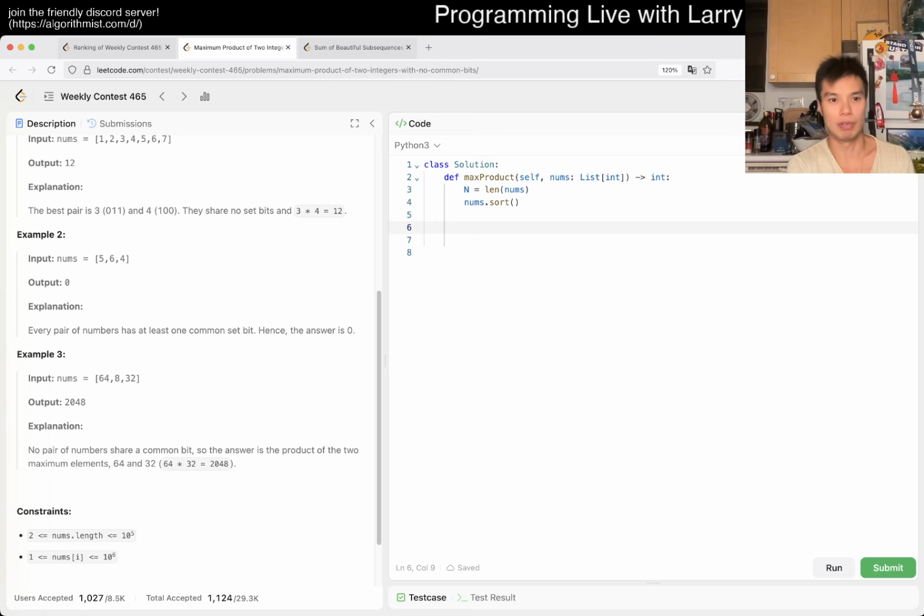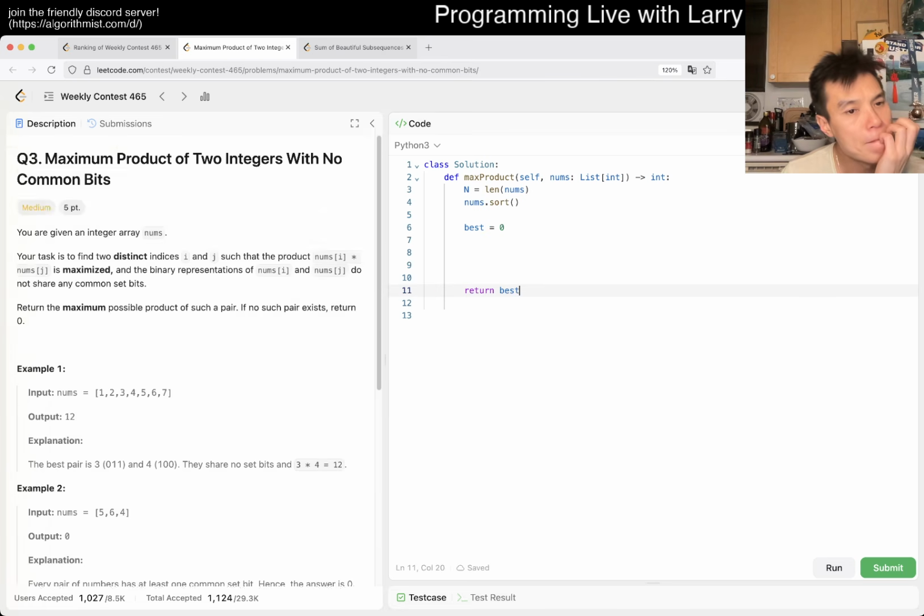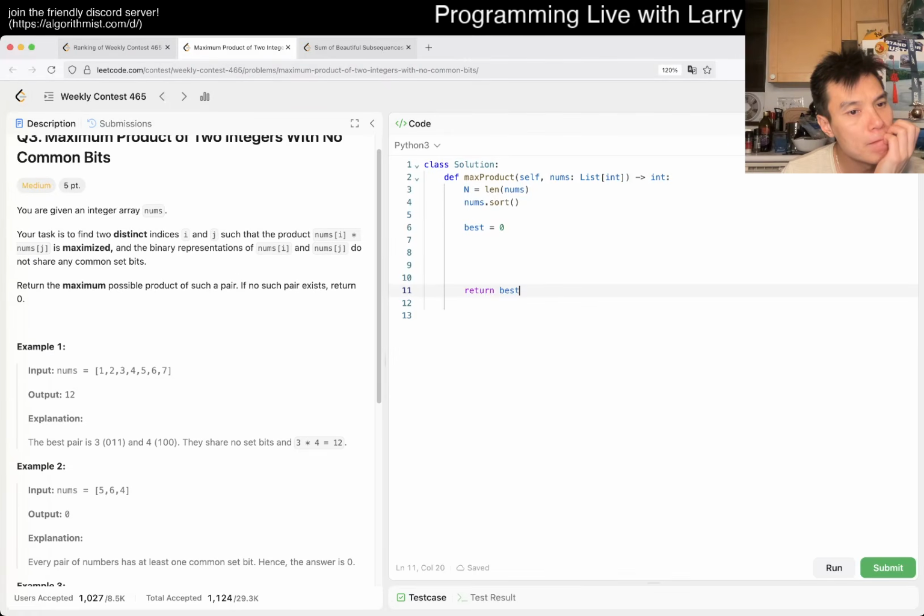So for each one, we want, let's say we process left to right, right? 1, okay, fine. 2, okay, no intersection. That's fine. 3 has intersection of everything, no good. 4, no intersection anyway.